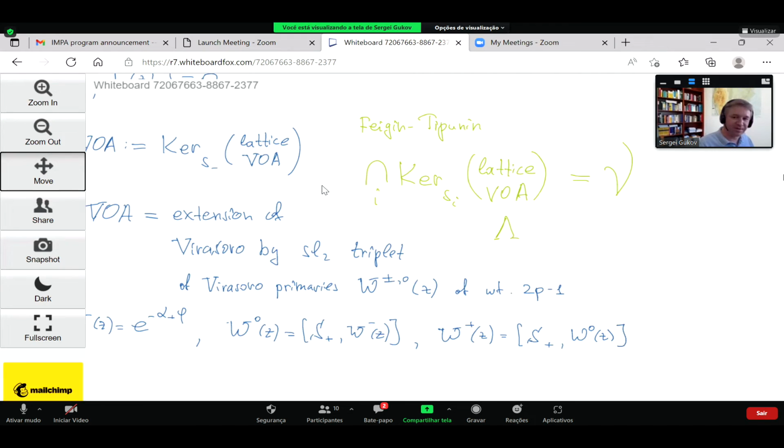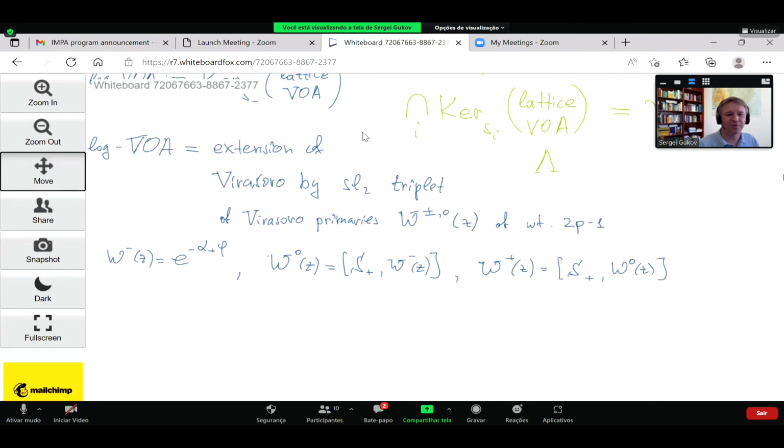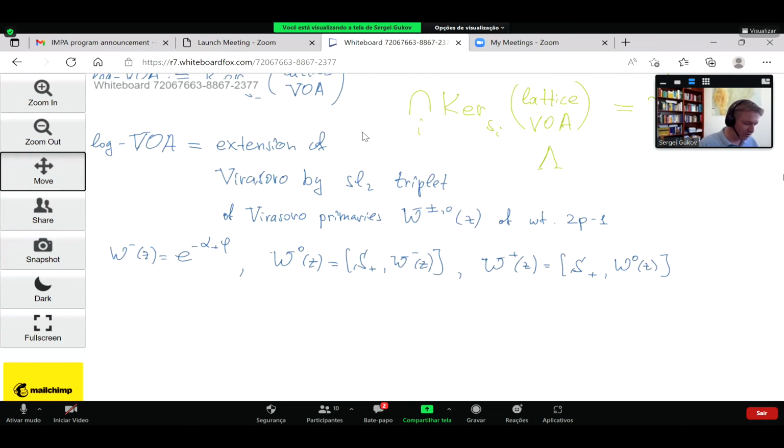So these operators, W plus, W minus, and W0, in their usual Fourier expansion have zero modes, or operators which are at the lowest powers of this expansion.